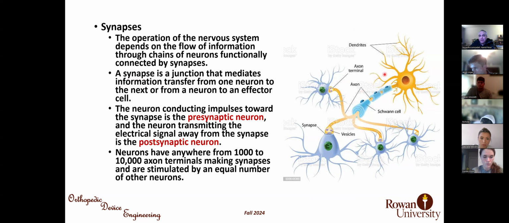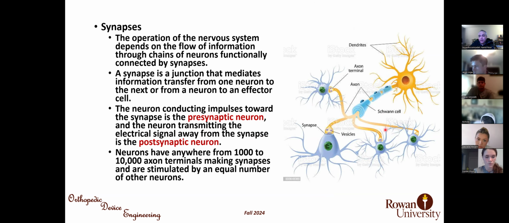If the synapse is between two neurons, like here, one neuron here and one neuron here, the neuron that has the axon here is called the presynaptic neuron. And the neuron that the axon connects to through its dendrites or cell body is called the postsynaptic neuron.